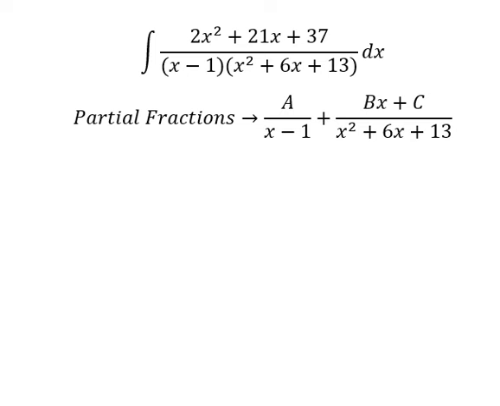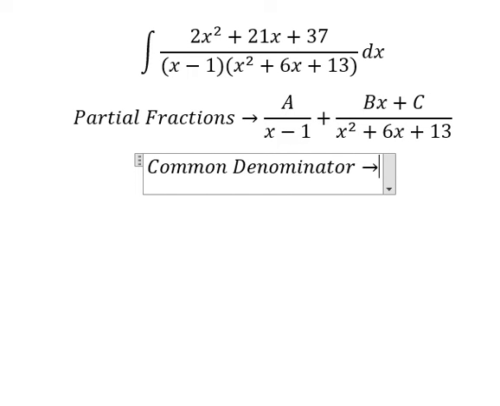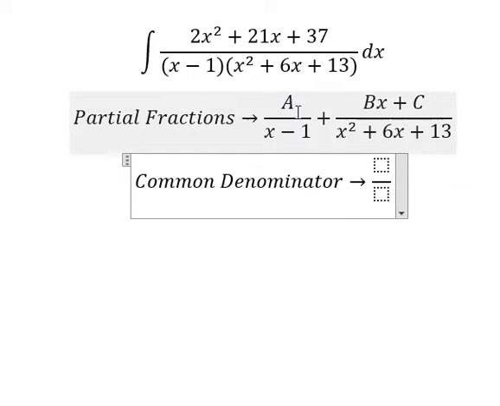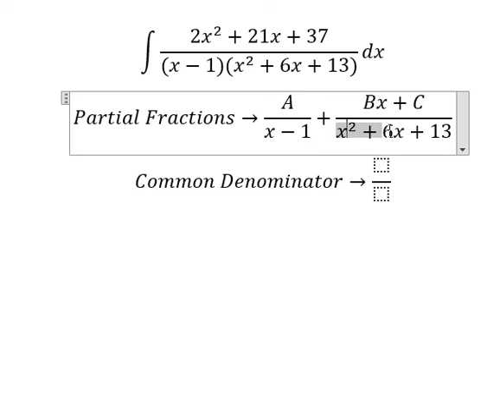Now, we can do common denominator. So this one is missing this one, so capital A multiplied by this one.